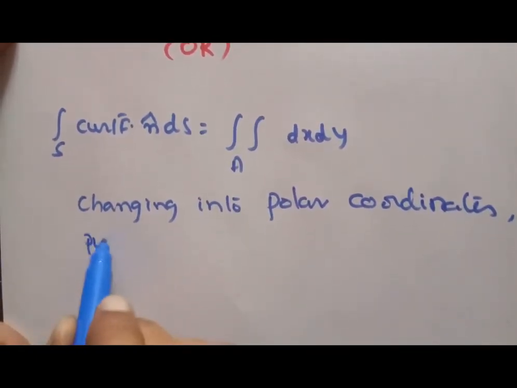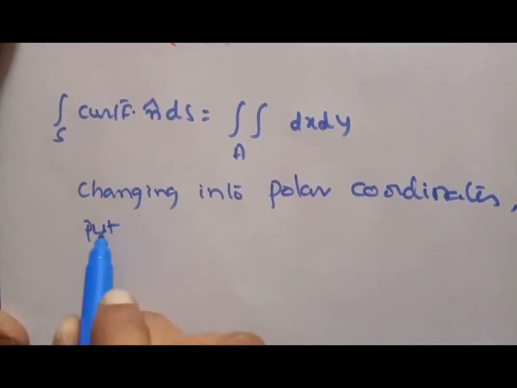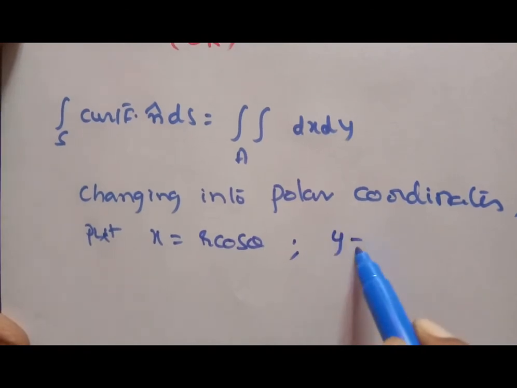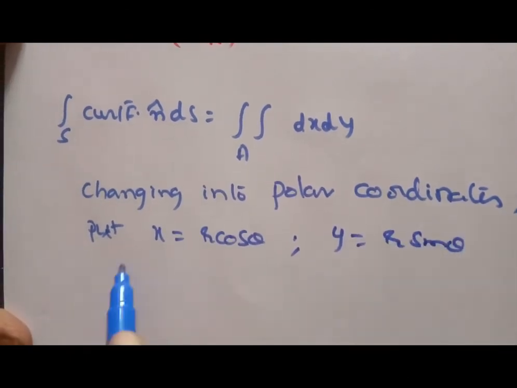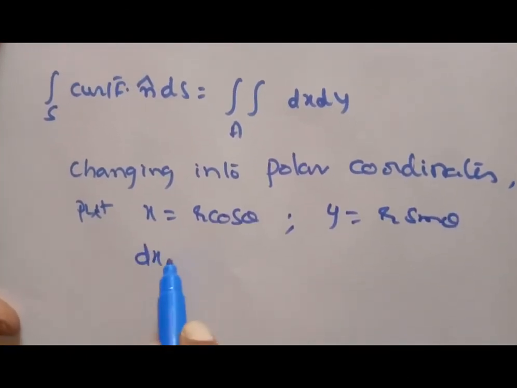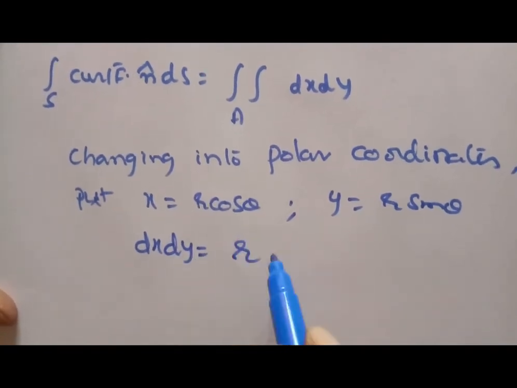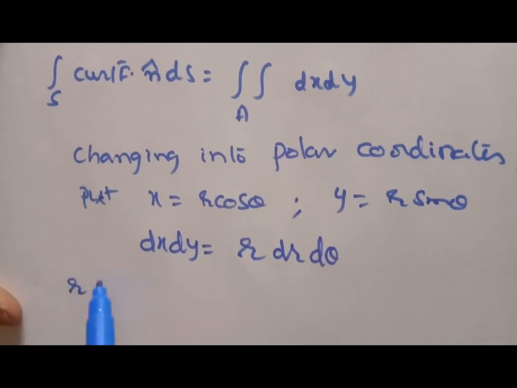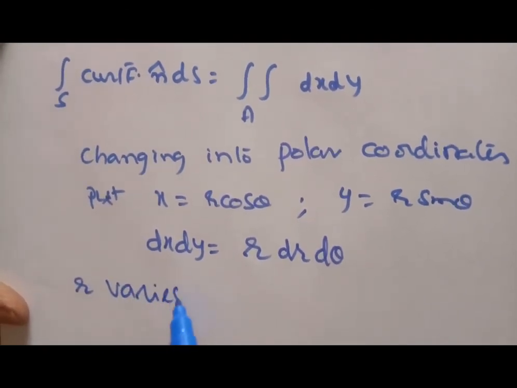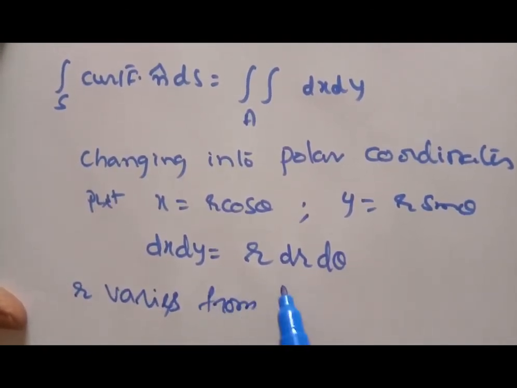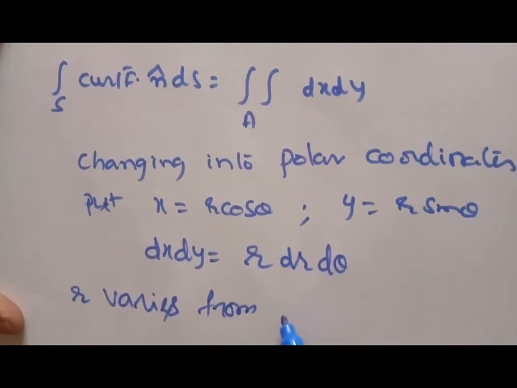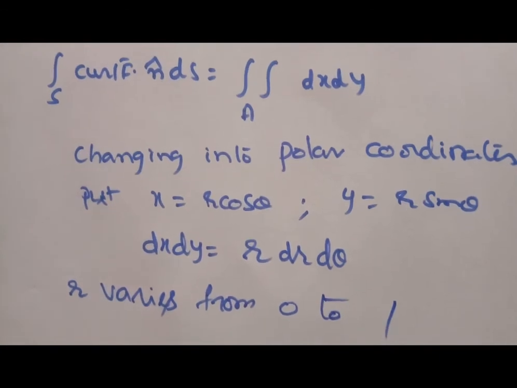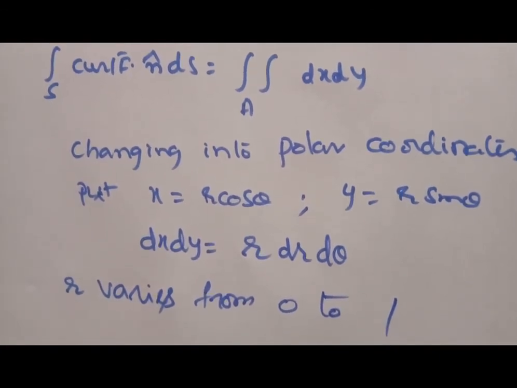Put x equal to r cos theta, y equal to r sin theta, and by the Jacobian dx dy is equal to r dr d theta. The radius is 1 unit, therefore r varies from 0 to 1, as the circle is x square plus y square equal to 1.